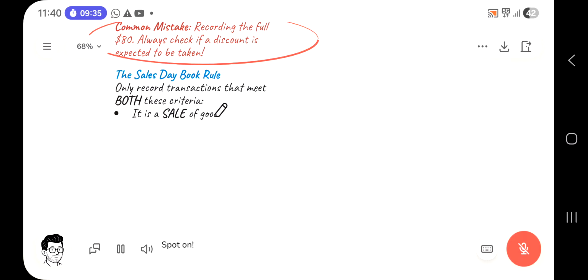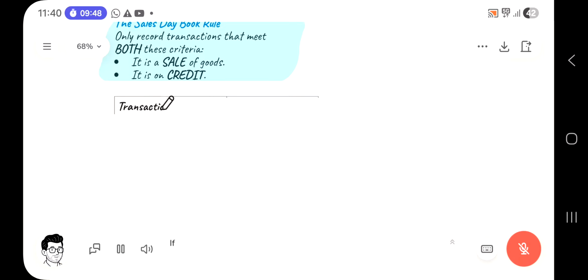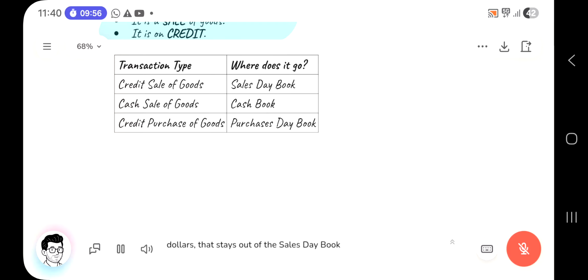Spot on. But there's one tiny catch. It has to be a credit sale of goods. Basically the stuff the business normally sells. If you see cash mentioned, like the sale on May 3rd for $45, that stays out of the sales day book and goes into the cash book instead.